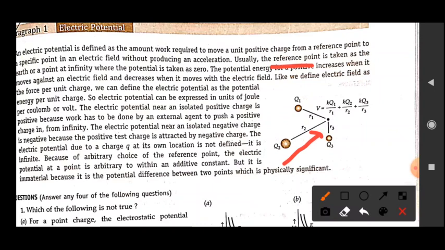Next, the potential for a positive charge increases when it moves against an electric field, and decreases when it moves with the electric field.